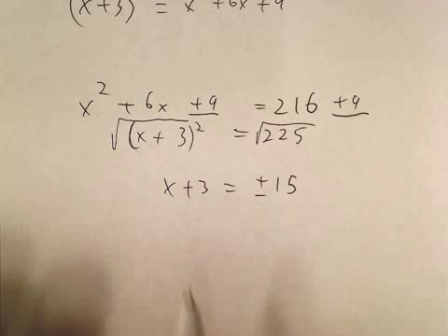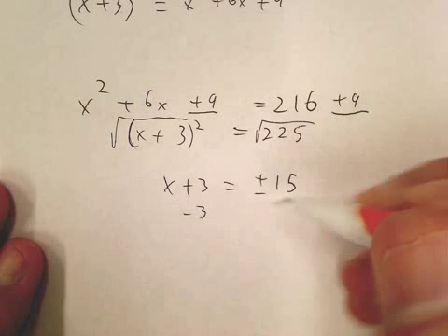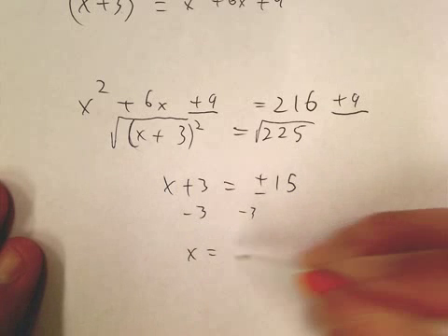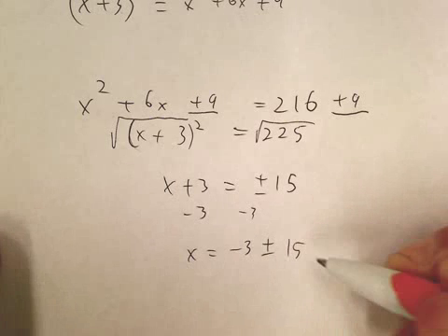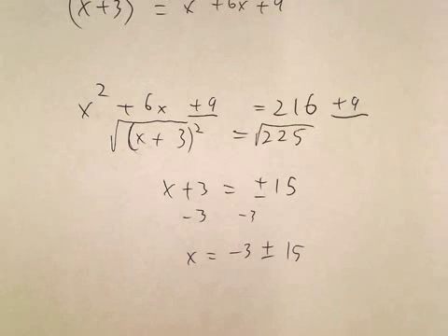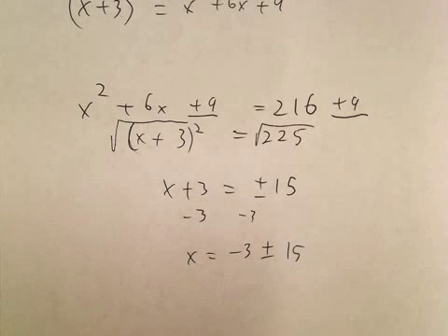Okay? Finally, we are going to subtract 3. And this is going to look a little weird. Put the negative 3 up front, plus or minus 15. And we'll do a couple more of these, don't worry. Okay, so I have x equals negative 3 plus or minus 15.